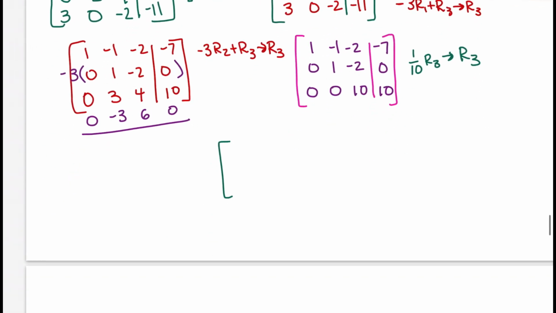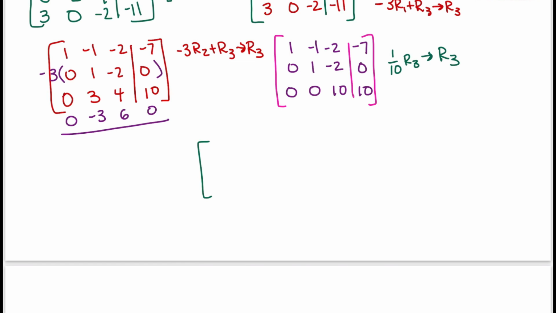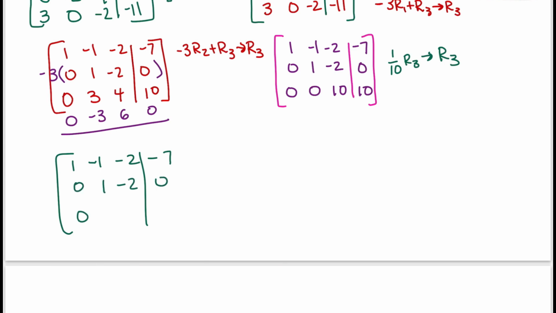That will give me, we'll just rewrite the first row, and in the last position, we'll have 0, 0, 1, 1.